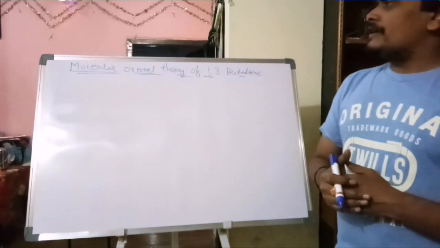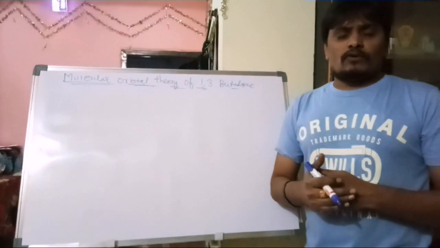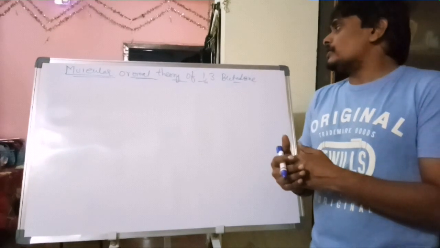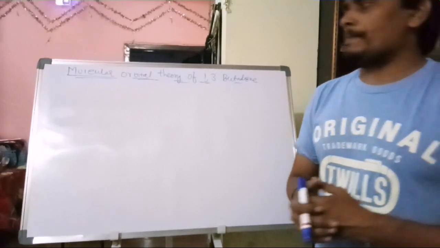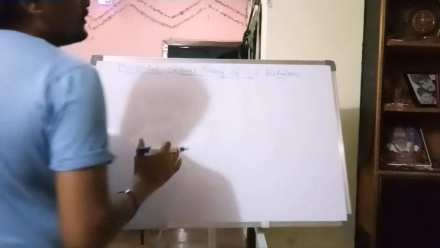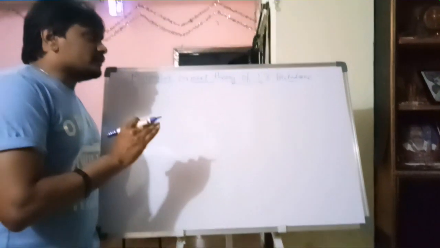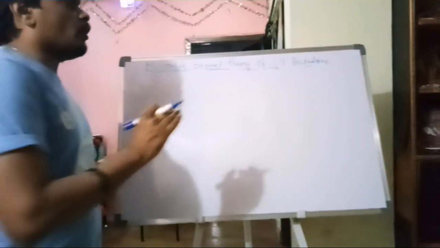1,3-butadiene is a conjugated molecule, as we already know. So let us try to sort out the conjugated structure of this particular 1,3-butadiene. This is an organic molecule, and while writing the structure of any organic molecule, keep in mind that you have to draw the structure according to the name.